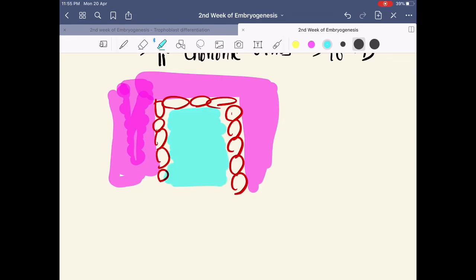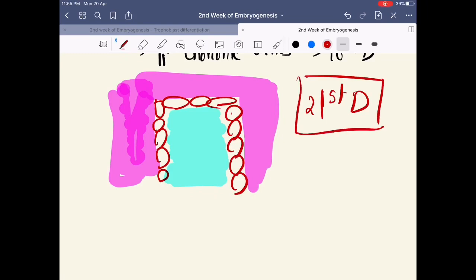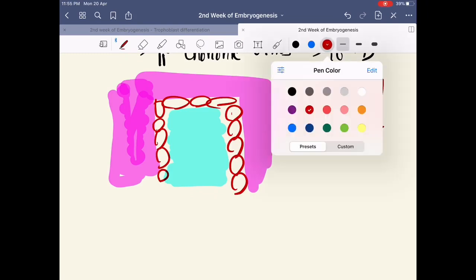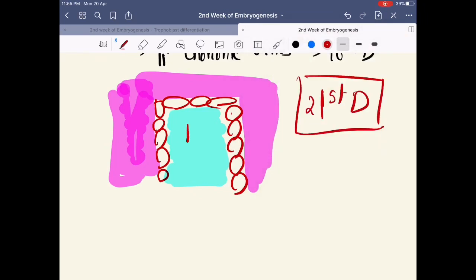Now what happens towards the end of the third week? When is the third week ending? That is at the 21st day. At the 21st day and beyond, we are going to see blood vessels inside this extra embryonic mesoderm.